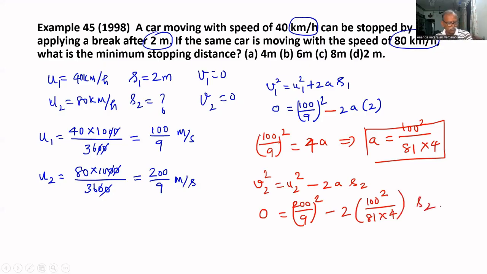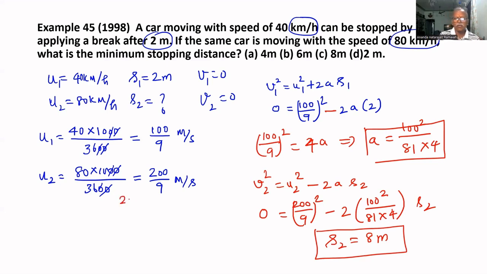We have to find S2. If you solve this, you will get S2 equal to 8 meters.